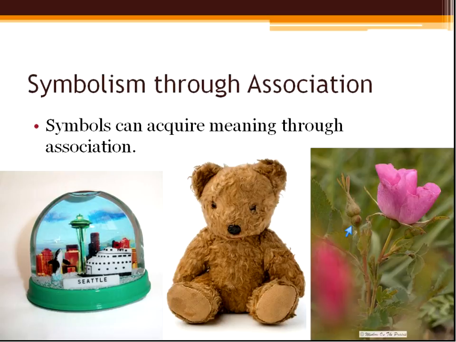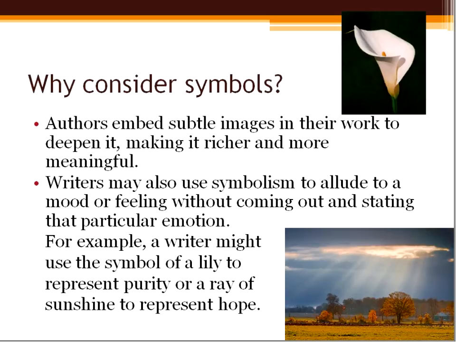And so the rose transcends just the beauty of being a flower and becomes a symbol of respect and tribute. So you should always use the context of the story to figure out what's happening with the symbols. But authors can create symbols just through the telling of the story.